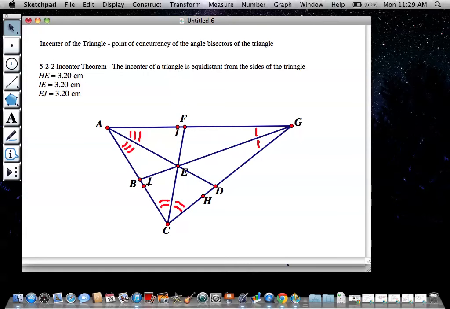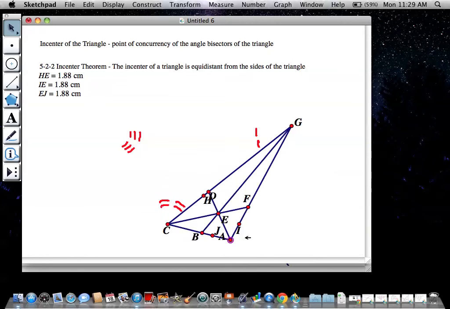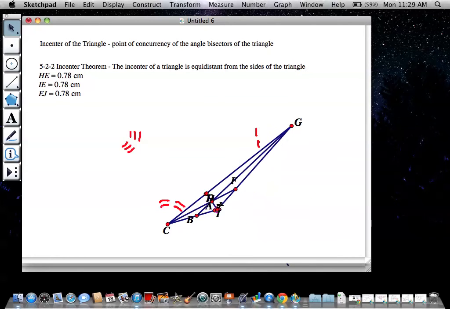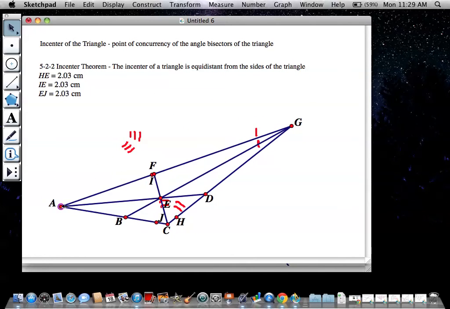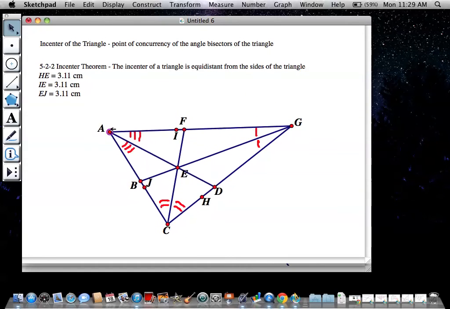From E to J, 3.2, and E to H, 3.2. If I move the sides around, notice the distances still stay the same no matter what I do with the angle bisector. And notice, look at the center. It's always inside. The incenter is always inside of the triangle.